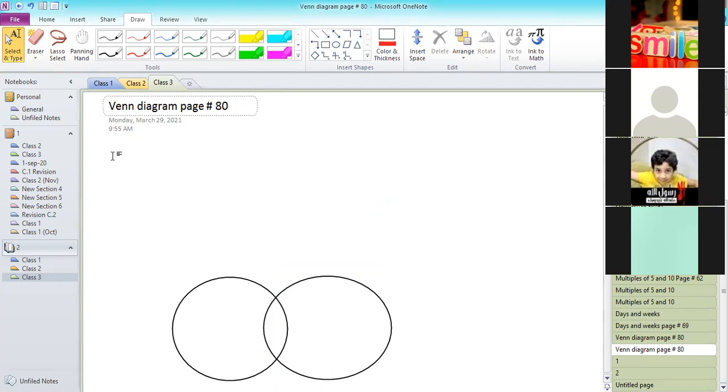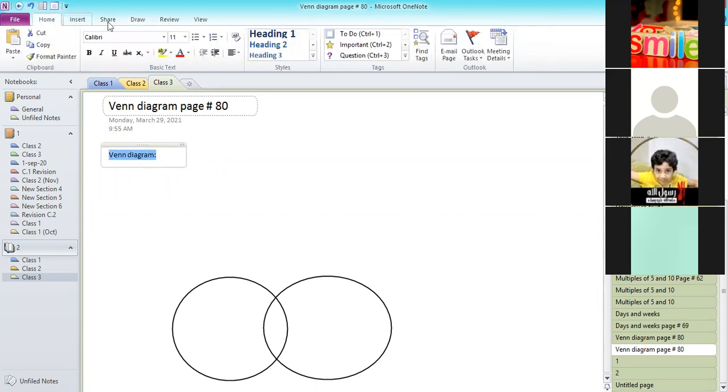This is the topic name. Now I'm going to write the side heading, Venn diagram. First, I'm going to write the definition of it. What is Venn diagram, guys?